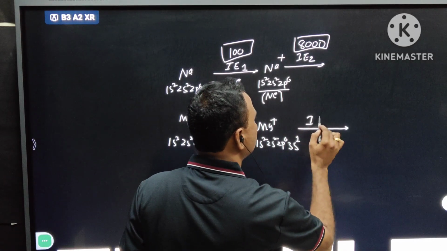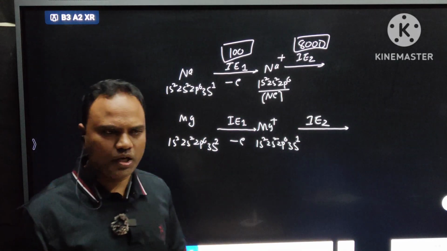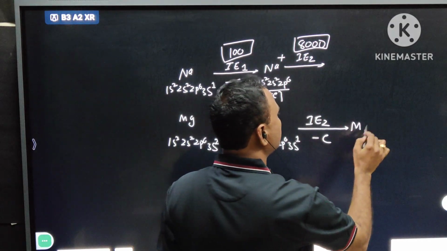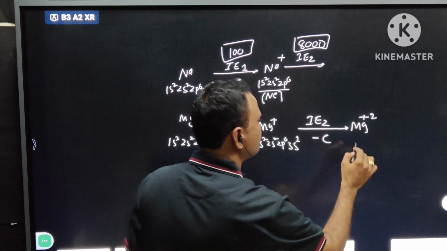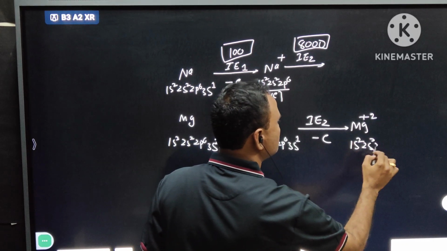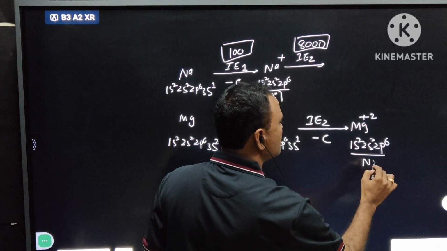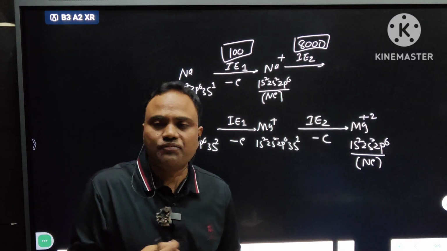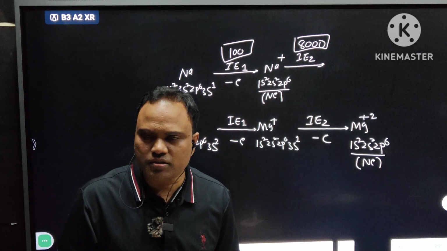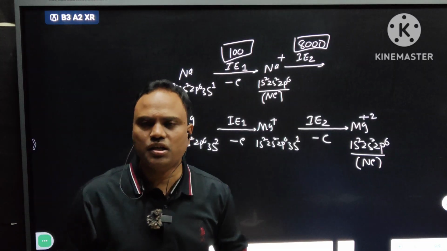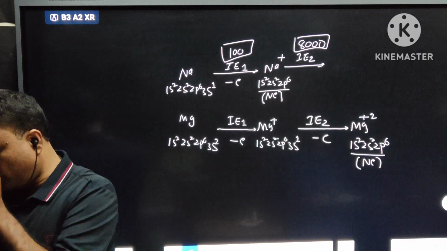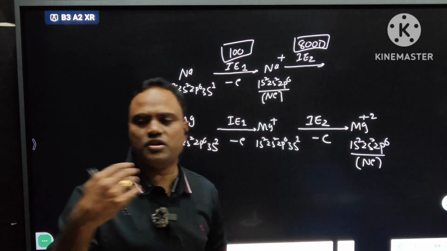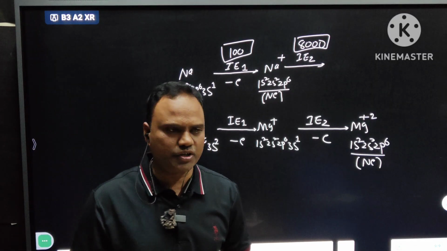Again, I am removing another electron, then I will get Mg plus 2: 1s2, 2s2, 2p6. This is neon configuration. Now you tell me, after removing how many electrons is magnesium getting neon configuration? After removing 2 electrons, magnesium is getting inert gas configuration.